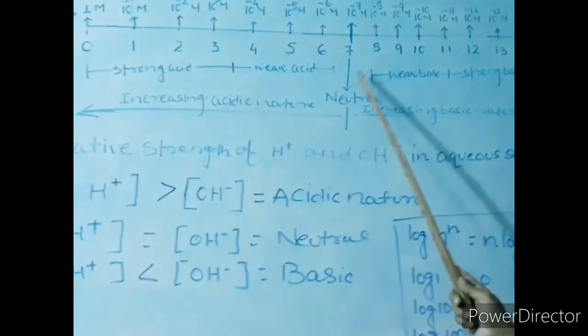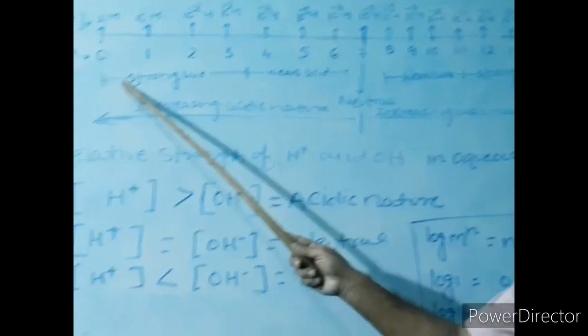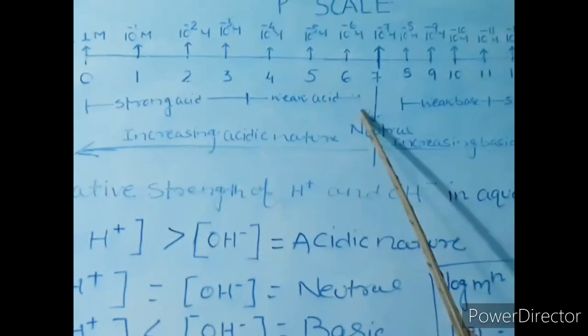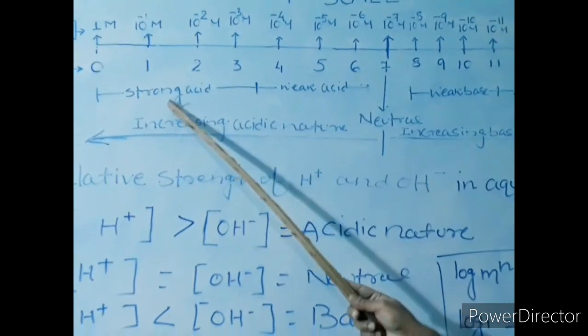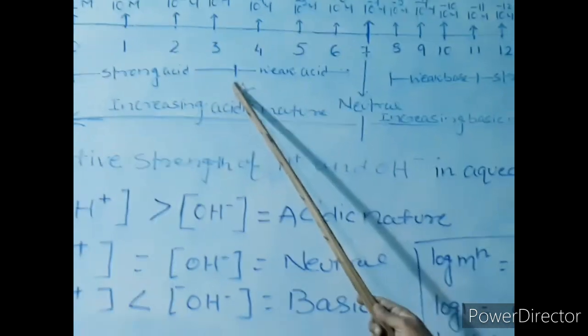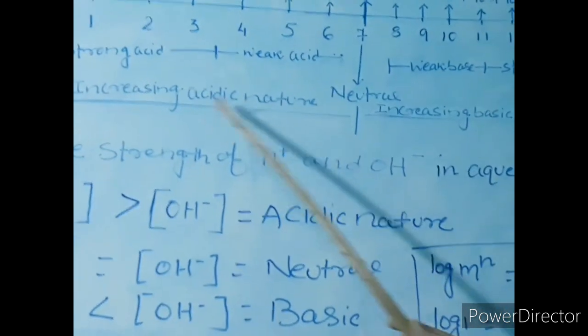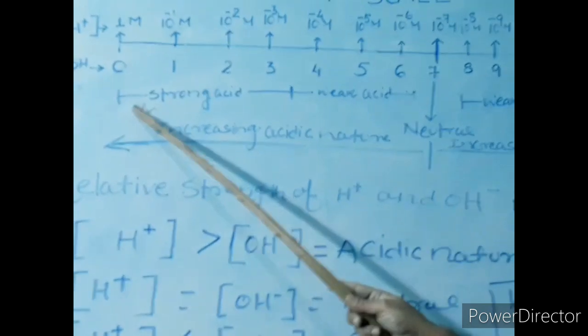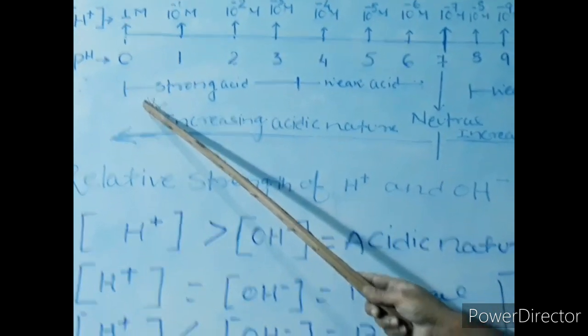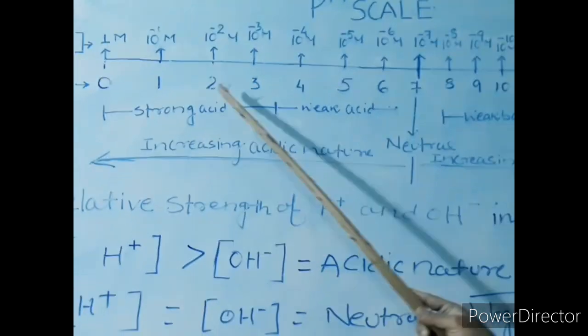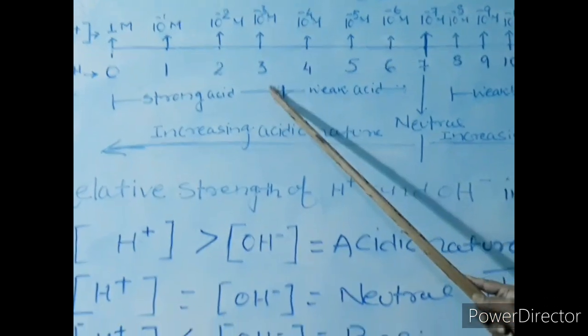One more thing: the lower the pH value, the higher the acidic strength. So below 0, it is a very strong acid. 1 is a strong acid, 2 is a strong acid, up to 3.